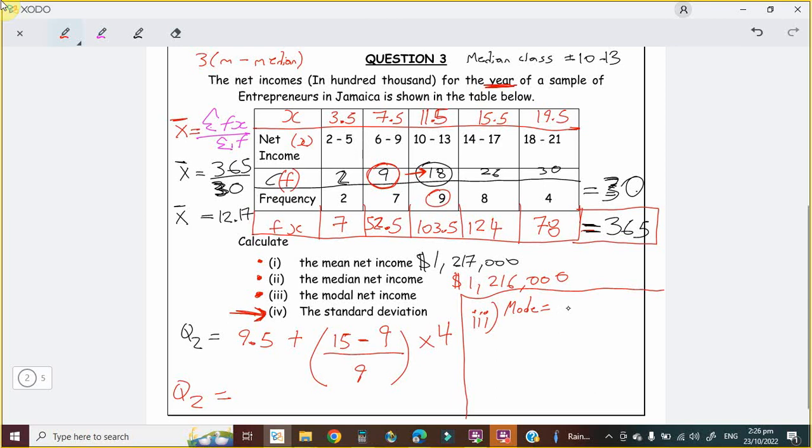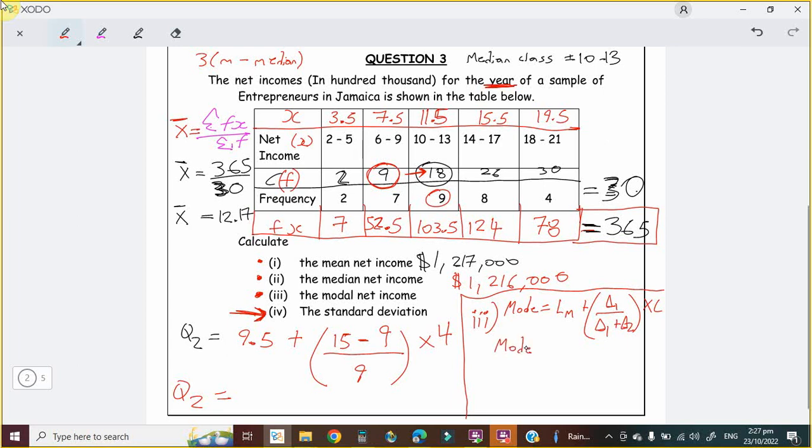Remember the formula we just said for mode? What's the formula for mode again? Lower class boundary plus delta 1 over delta 1 plus delta 2, times the class size. This is the formula, Jaden, for mode for grouped data.